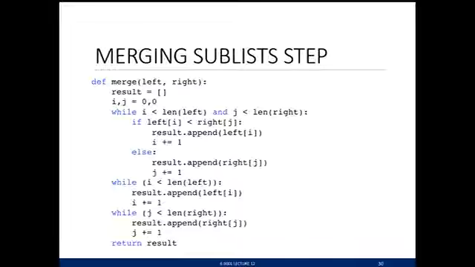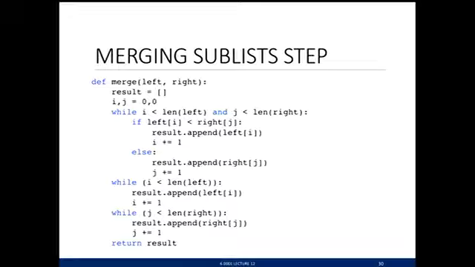We say, as long as there's still something in the left list and still something in the right list, i is less than the length of left, j is less than the length of right, do the comparison. If the left one's smaller, add it to the end of result, right? I'm appending it because I want it to be in that sorted order, and increase i. If it's not, add the right one to the end of result and increase j.